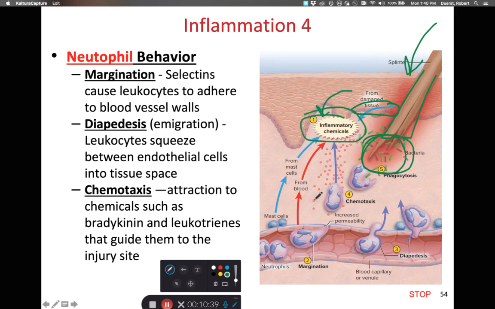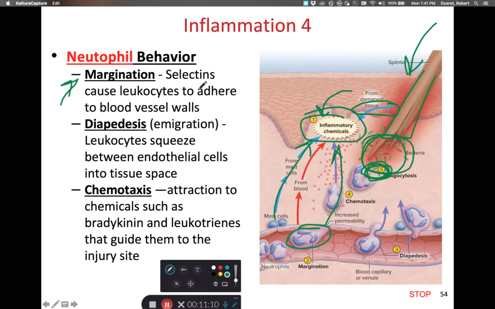Those inflammatory chemicals are going to recruit mast cells from the connective tissues. They are going to recruit neutrophils from the bloodstream. And then those neutrophils in particular start to attack the bacteria that are introduced. They start to phagocytize the bacteria and activate our innate immune system to focus on addressing the cause of the pathogens getting into our bodies.